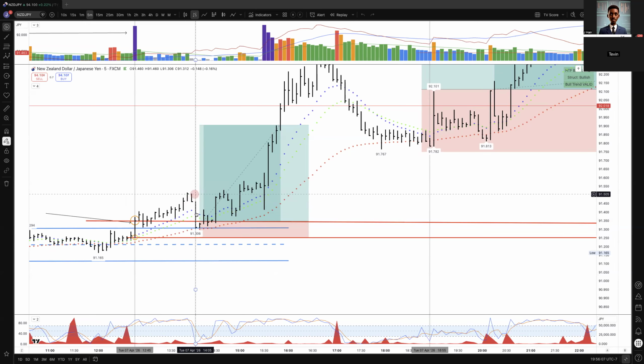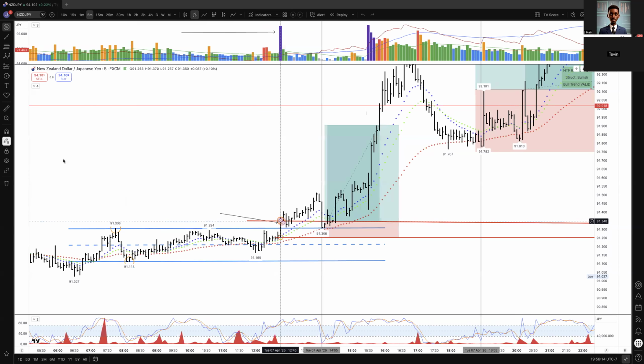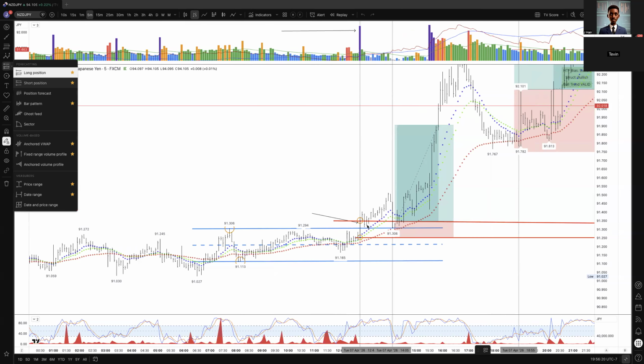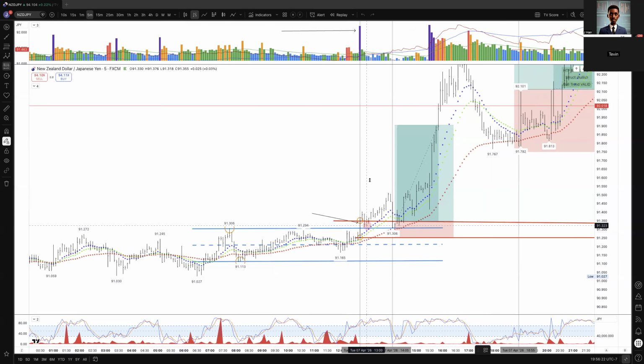And then the sales, that's not them selling. That's everybody who was selling, everybody that was selling here, that's them getting taken out. Their stops were set up here somewhere.